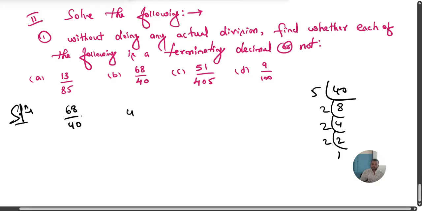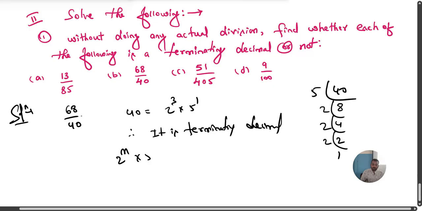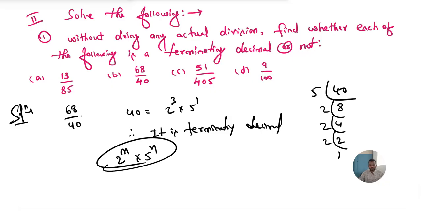So 40 can be written as 2 cube into 5 power 1. Therefore, it is terminating decimal, because the denominator is in the form of 2 power m into 5 power n. Any doubts?